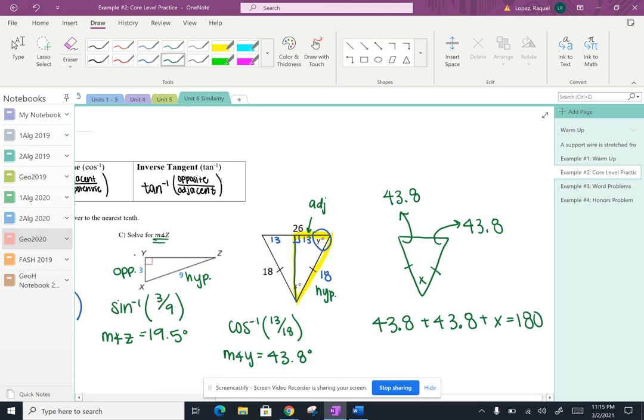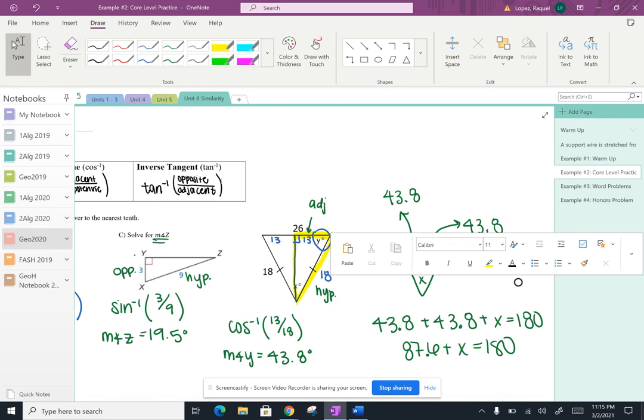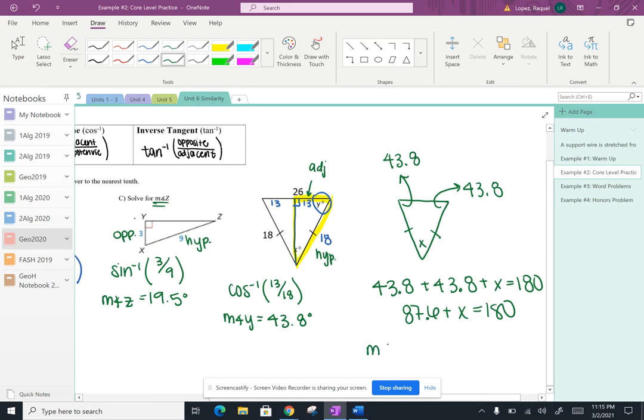So let's solve. 43.8 plus 43.8 is going to give us 87.6, plus x equals 180. We're going to subtract that from 180, which means that the measure of angle X is 92.4 degrees.